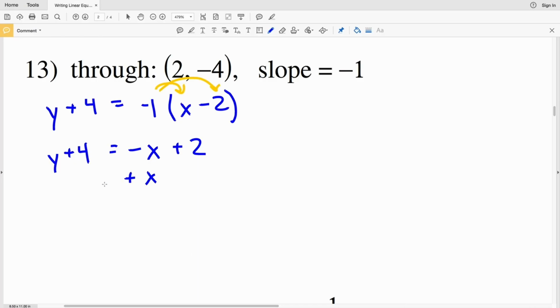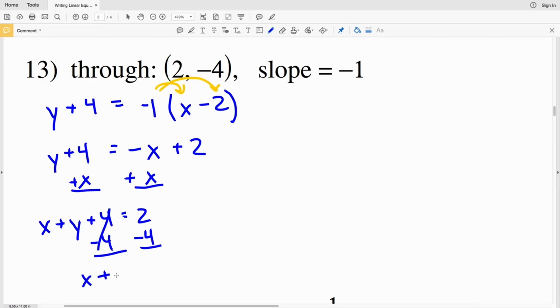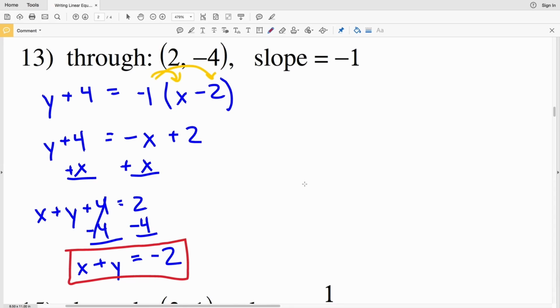Moving the x to the other side, we'll get x plus y plus 4 equals a positive 2, and then we'll subtract 4 from both sides to get that x plus y equals negative 2 as the solution for number 13.